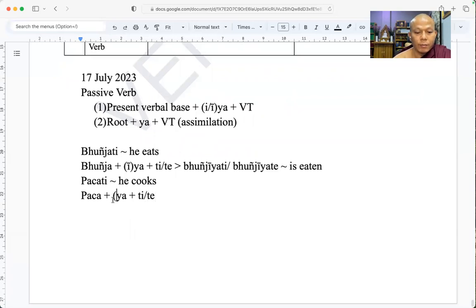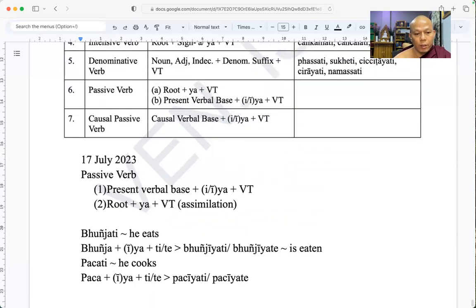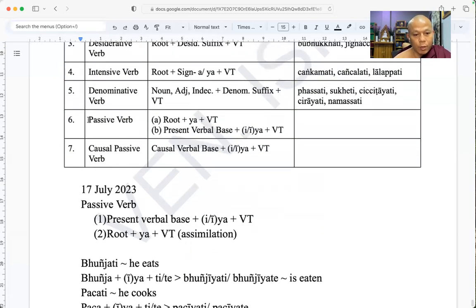Before the "ya," E is inserted. So we have paciyati, or the other form with the middle voice ending. So paciyati in this way. That is how we form the passive: to the root, "ya" is directly added, or to the present vowel base.